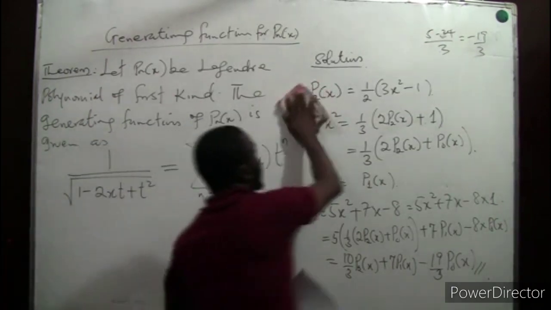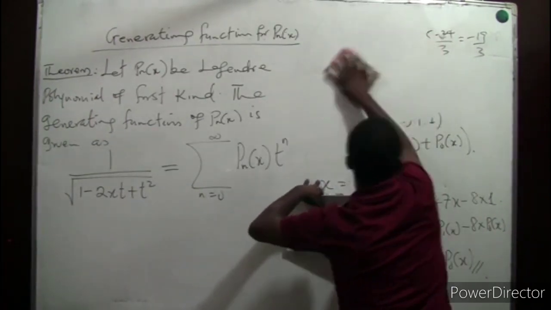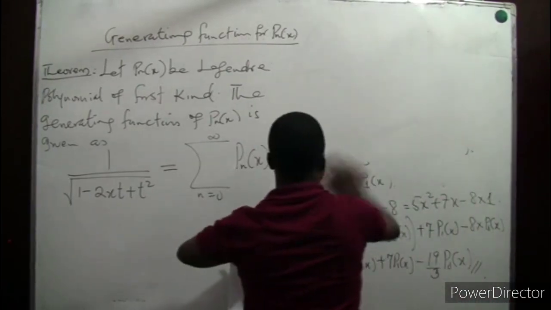That is our generating function for Legendre polynomial of first kind.